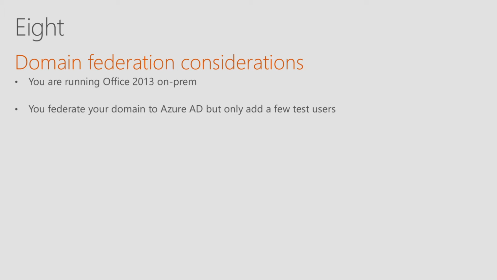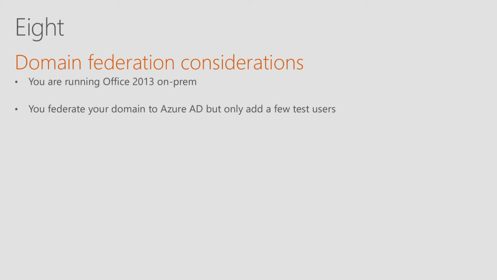And that happens for your entire domain. So even those users that are not yet in the cloud are now getting their profiles from the cloud. Typical things that people see on their desktop is that their most recently used list has disappeared because the cloud profile didn't have that data, right?